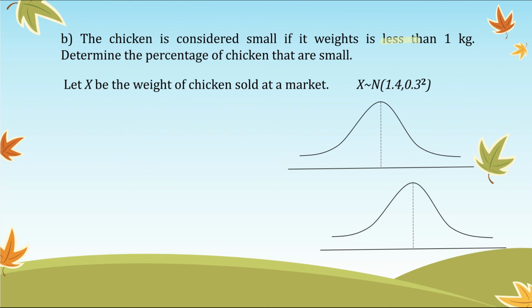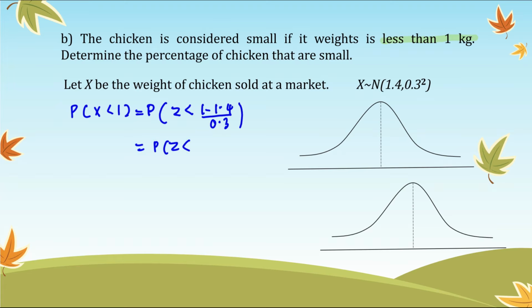So we want to find when the weight is less than 1 kilogram, P(X less than 1). First we standardize. Change to Z: Z less than (1 minus 1.4) divided by 0.3. It will be Z less than negative 1.33.